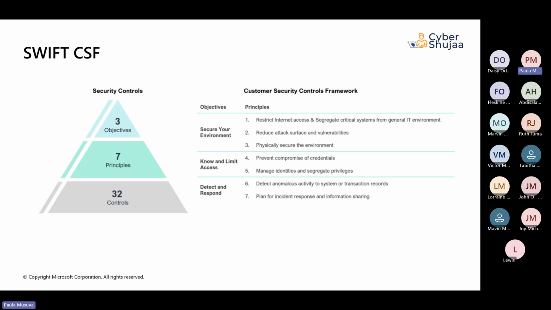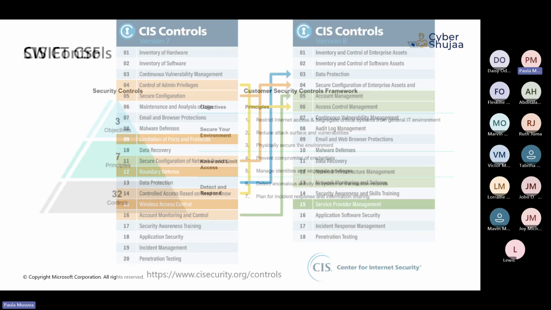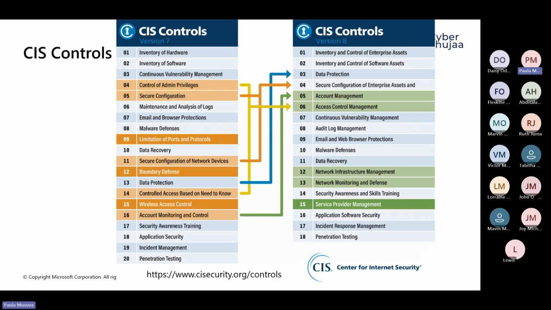Of these 32 controls, some of them are mandatory, and for some of them they give organizations a provisional window to meet those requirements over time. And then I want to also direct you to CIS controls, and this one is very important. Currently we're on version 8, and it stipulates 18 controls in very great detail.